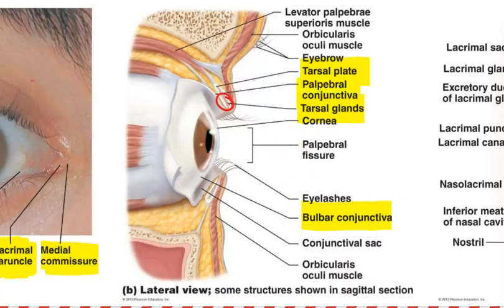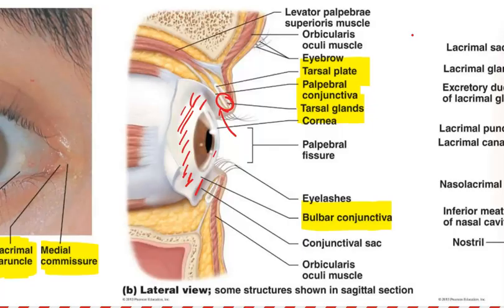So let's take a look at what's the difference. Bulbar conjunctiva is this. It covers the eye surface. Palpebral conjunctiva covers the inner surface of your eyelids. If you pull an eyelid down, what you see, the pink layer, is the palpebral conjunctiva.